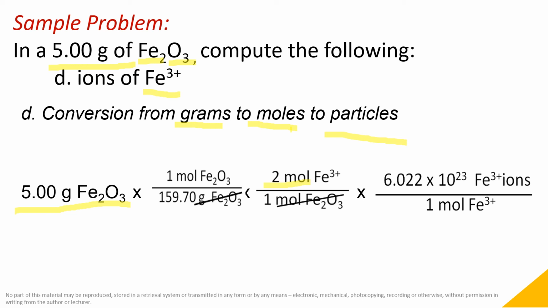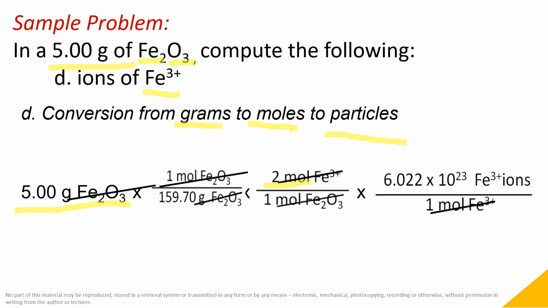Now let's cancel out the similar units. So we're going to cancel the grams, the moles of ferric oxide, and the moles of iron. There you go. And calculate.